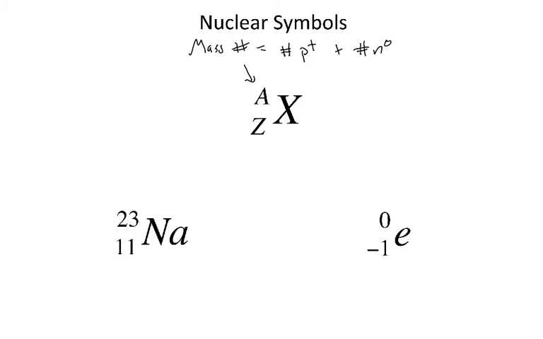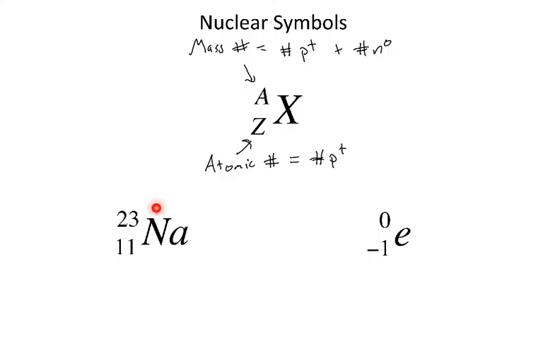And then the subscript on the left is the atomic number. And this tells us the number of protons. So the atomic number gives me the number of protons. If I want to know the number of neutrons, then I can just take the mass number, subtract from that the number of protons, and that tells me how many neutrons that particular isotope has.